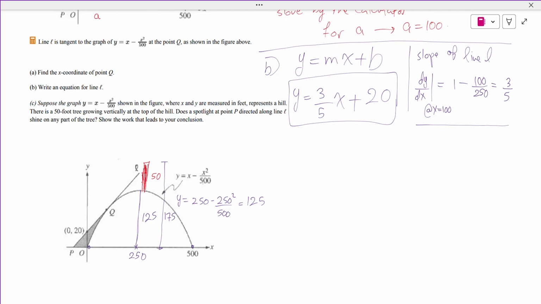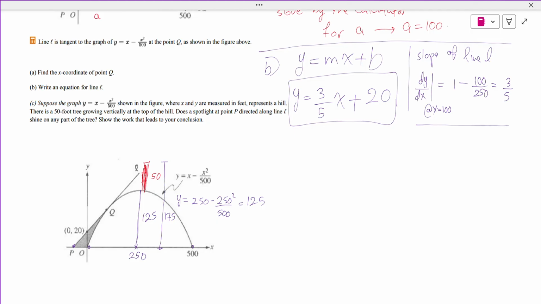Now there is a spotlight at point P here that shines along line L. Will it shine on any part of the tree? How do we tell whether the spotlight directed along line L will shine on any part of the tree or not?